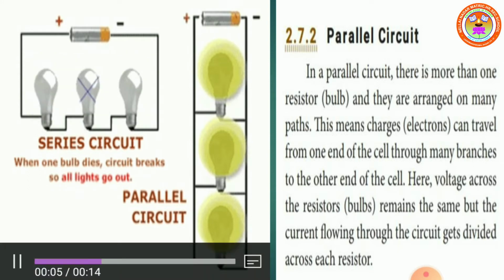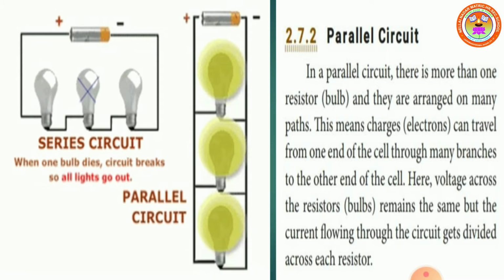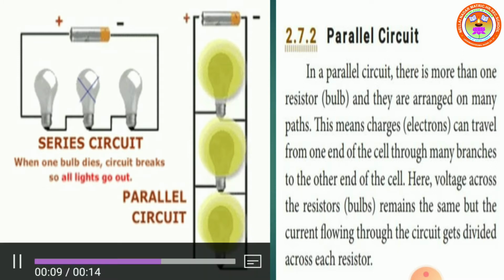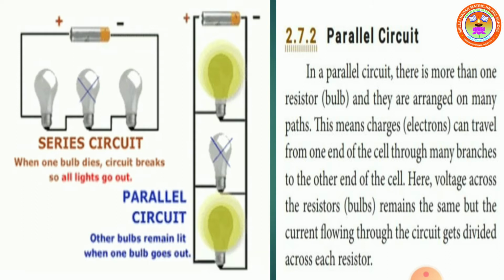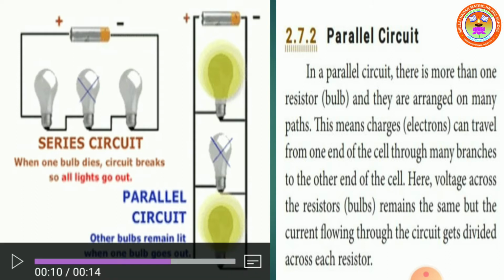In a parallel circuit, there is more than one resistor. Resistor means here bulb. And they are arranged on many paths.